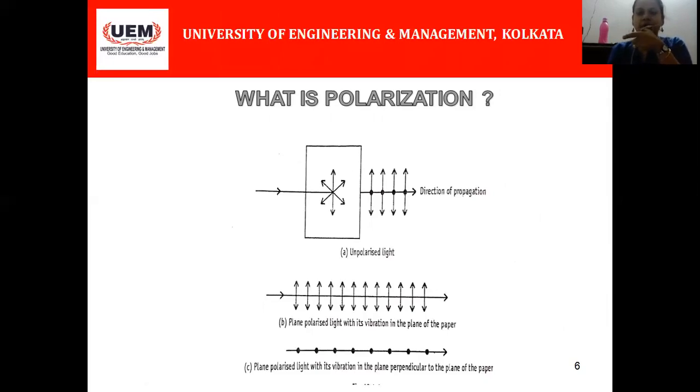So if light is propagating this way, say along the z-axis, then my light vector is free to vibrate in any direction along the xy plane. So the direction of my light vector varies arbitrarily in the xy plane if my light is propagating along the z direction if I have unpolarized light.